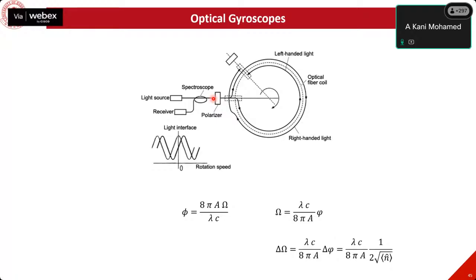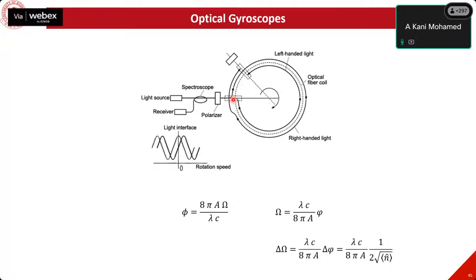So the basic mechanism is just splitting the light into two, and they travel in opposite circular paths. If there is no rotation, both lights get recombined here. Both light paths take the same time, and there won't be any phase difference between these two if there is no rotation.